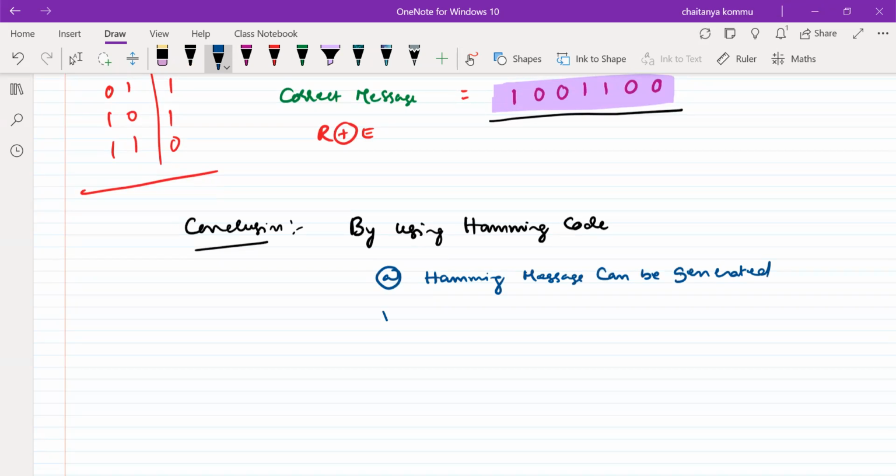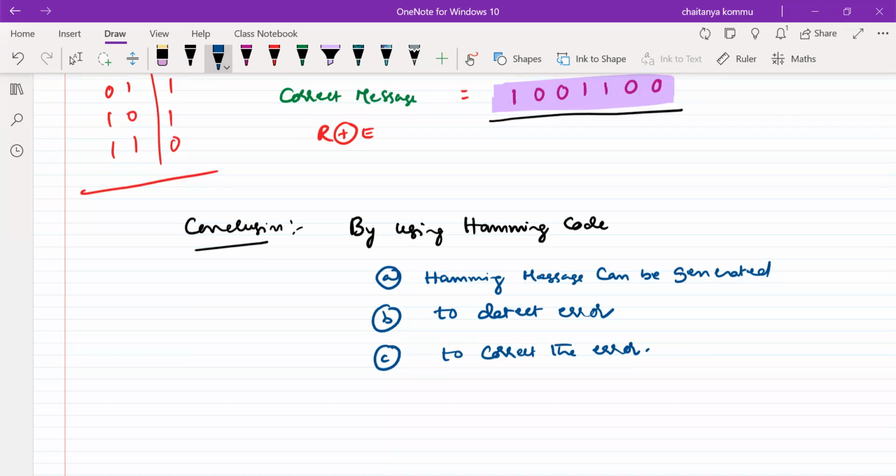The second one is to use it to detect errors, where exactly the error is, and it is possible to correct the error. Agreed?